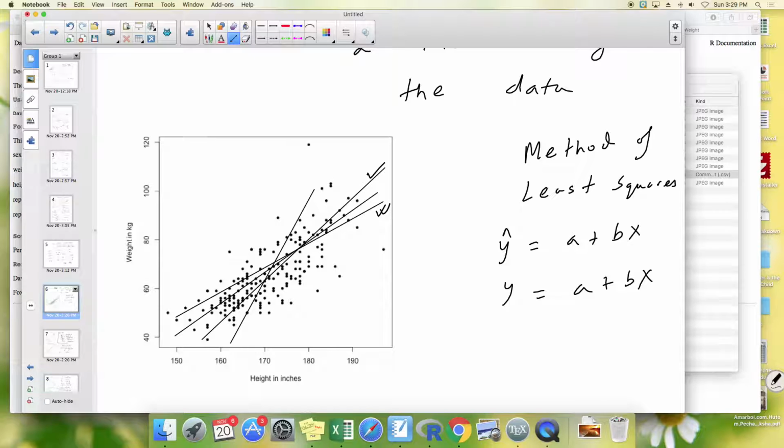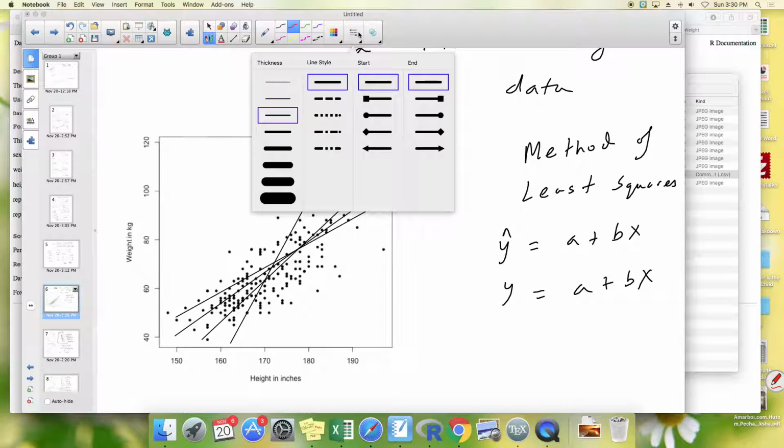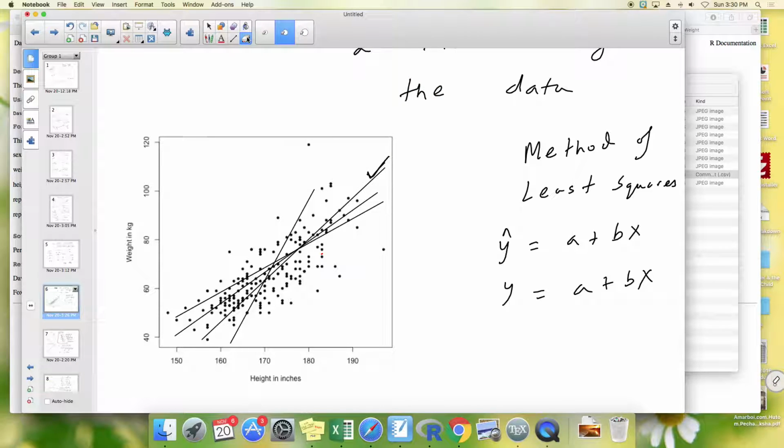That means, for example, suppose I am taking this line, and for this point, the actual value of y is whatever this y value is.